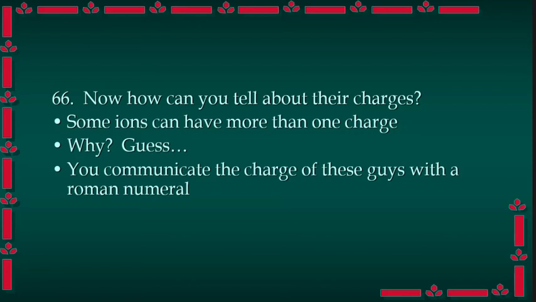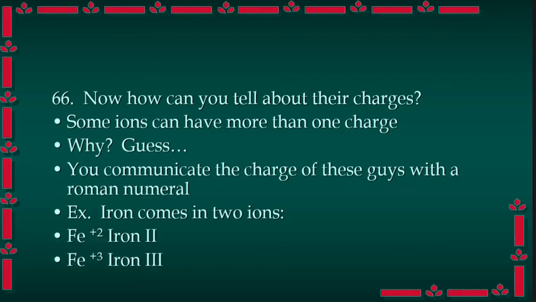They're wishy-washy. They don't know. Sometimes they're 1, sometimes they're 2, sometimes they're 3. How can somebody tell you which charge to use? Easy. Roman numerals. For example, iron comes in 2 forms, iron 2 and iron 3.